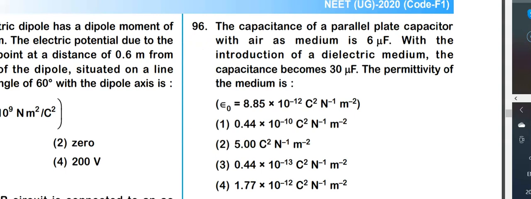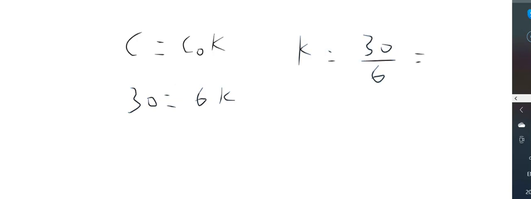We all know that C is equal to C0 into K. Let us take C0 as 6 and C as 30. Therefore K is equal to 30 divided by 6, which is equal to 5. So we have found the dielectric constant to be 5.